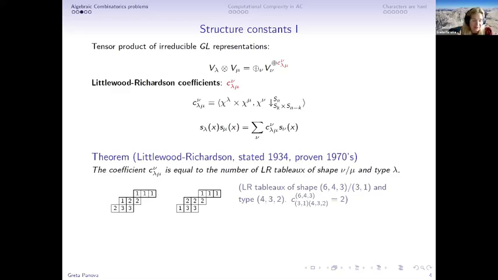And also, if you want to get the values of these Littlewood-Richardson coefficients just from this rule, it's not gonna be so easy. So it's not like the product form.